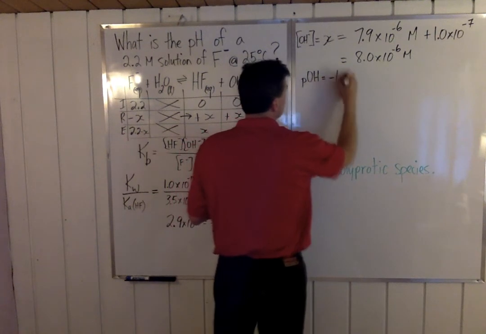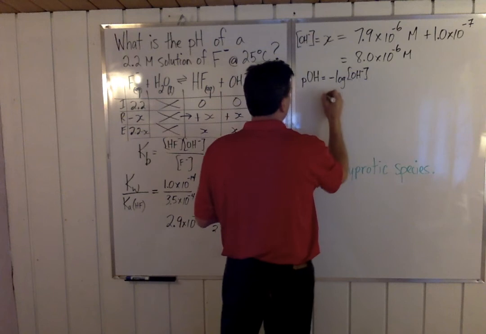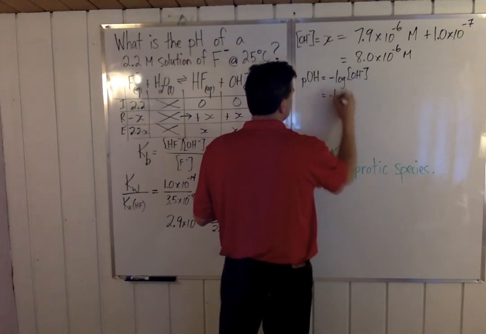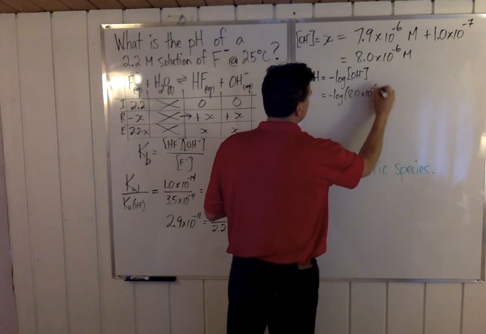So the pOH equals negative log of the hydroxide, which equals 8.0 times 10 to the negative 6.